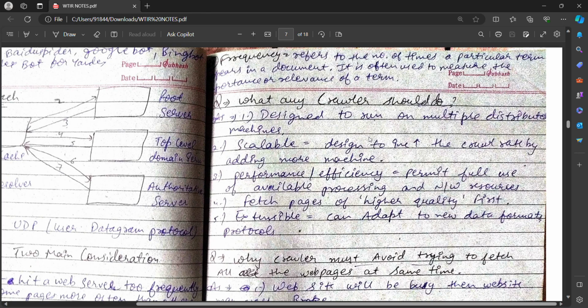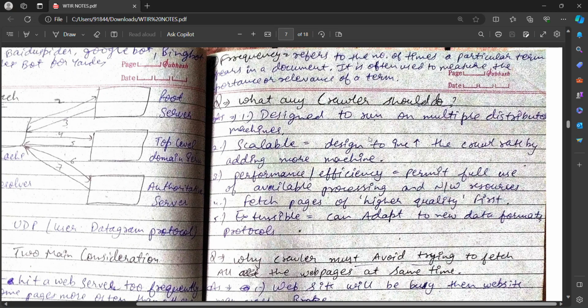If we are storing pages on different machines, our crawler should also work on these distributed machines. It is not that the crawler works only on one particular machine and not on any other. So first, the crawler should be able to work on distributed machines.